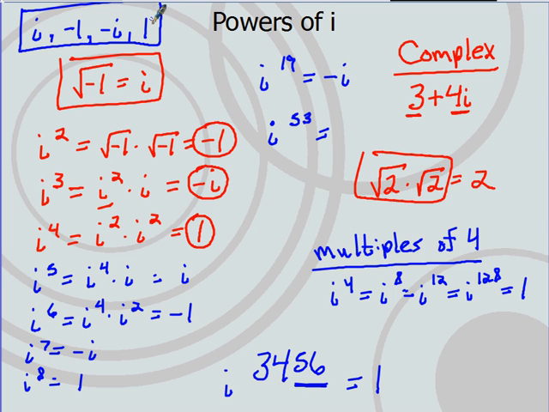Here's i to the 48th. Everybody good with that? All multiples of 4 fall right there. So i to the 48th is here. So this would be 49, 50, 51, 52, 53. You follow that? So i to the 48th power was 1. i to the 49th power, i to the 50th power, i to the 51st, 52nd. i to the 53rd power is just i. It just repeats.